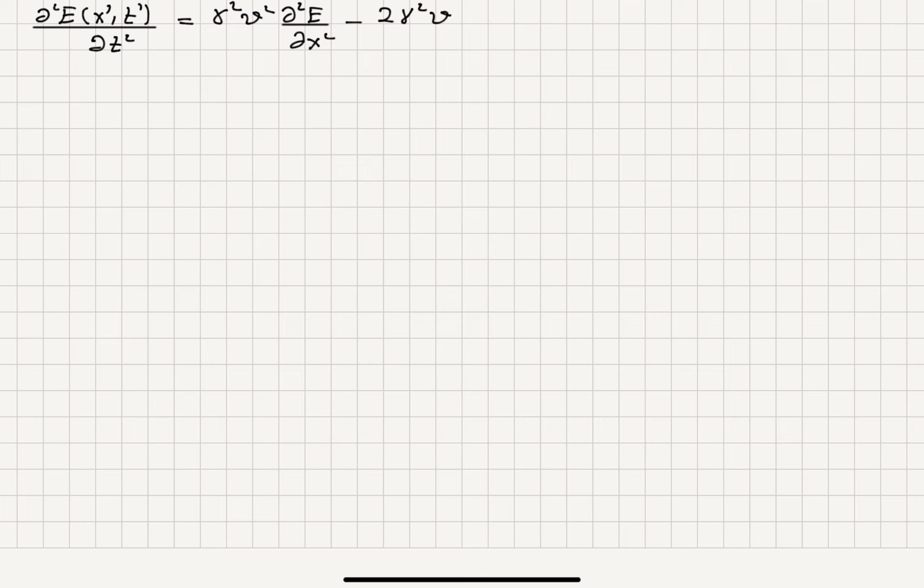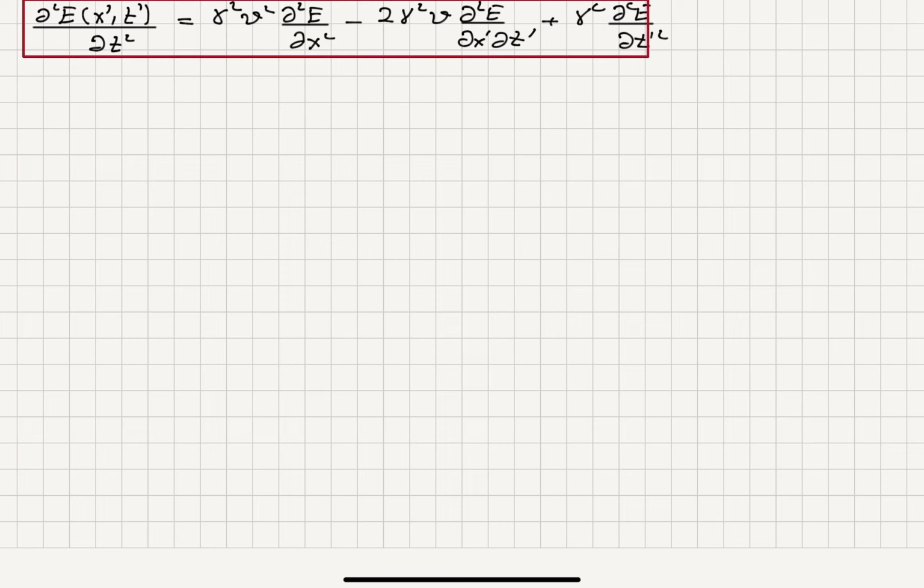So my final answer for the second derivative of the electric field as a function of x', t' with respect to t would be γ²v² ∂²E/∂x'² minus 2γ²v ∂²E/∂x'∂t' plus γ² ∂²E/∂t'². So I've obtained this equation.